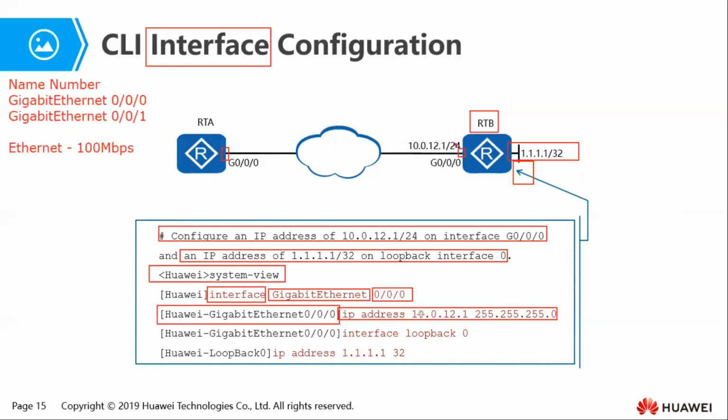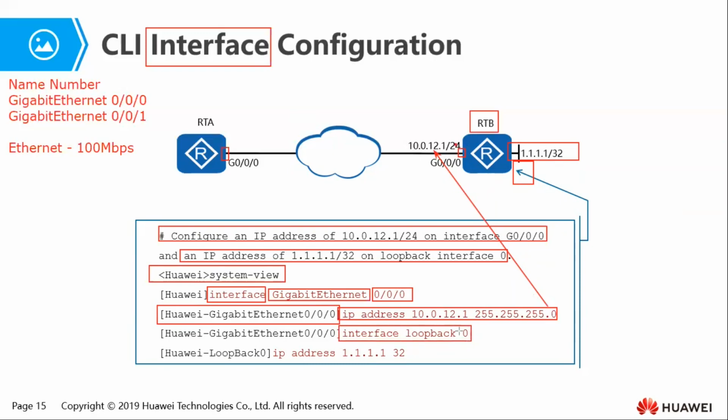So ip address 10.0.12.1 space 255.255.255.0. That's how we configure an IP address for an interface. /24 is 255.255.255.0. After that, from the interface view, we can go into another interface called the loopback interface.